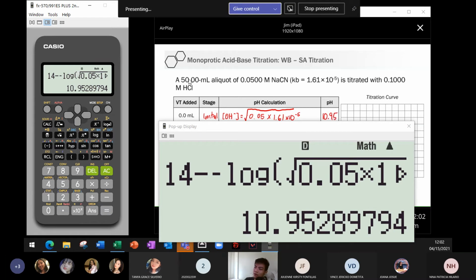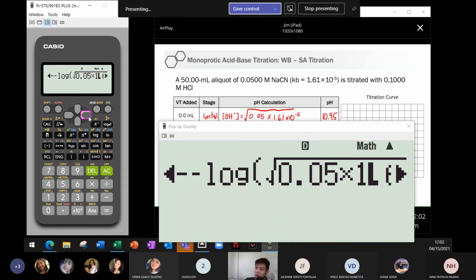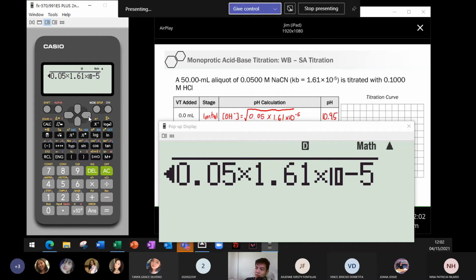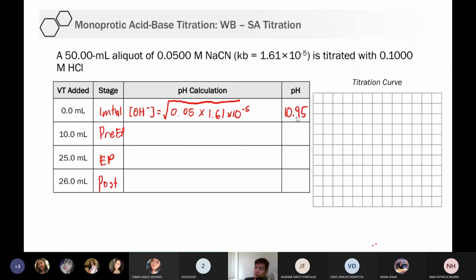Again, para makita nyo kung ano yung type ko. 14 minus log square root of 0.05 times the KB, 1.61 times 10 raised to negative 5. Okay tayo dyan. Okay. So, yan. Very good. So, yan. 10.95.